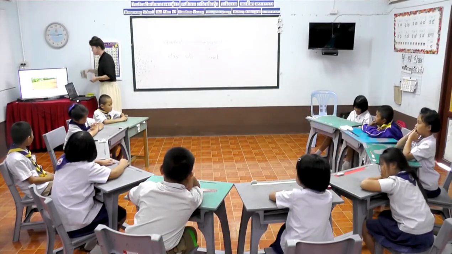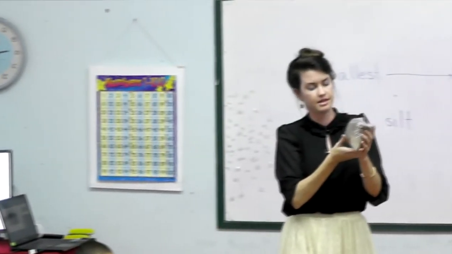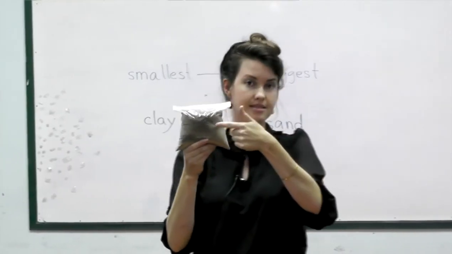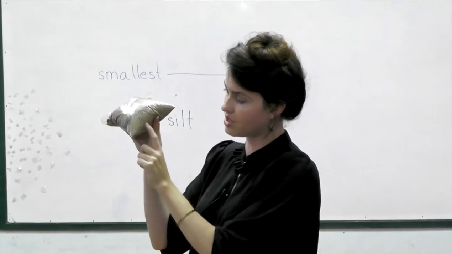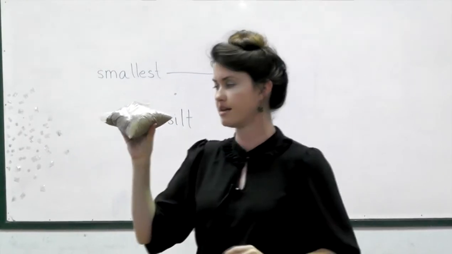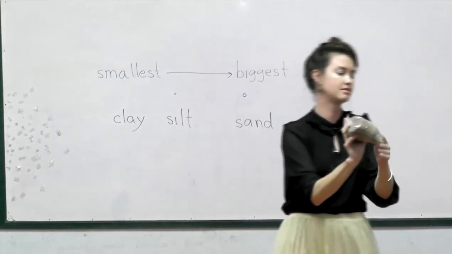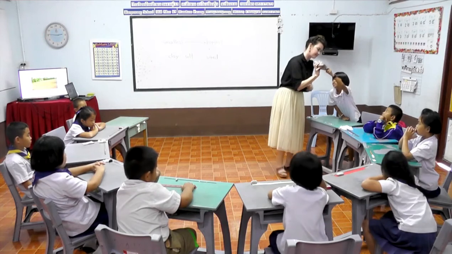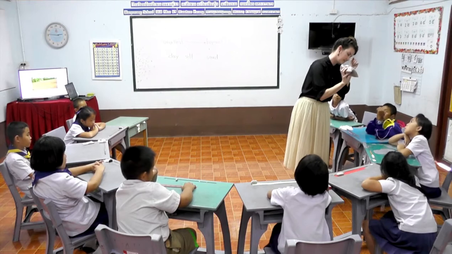So do you think I have loam in this bag? Yeah, we probably have loam in this bag because we have some big pieces of sand that we can see. Some pieces are so small we can't see the separate pieces. That might be some clay or maybe some silt down here at the bottom. We can't see those teeny tiny pieces.